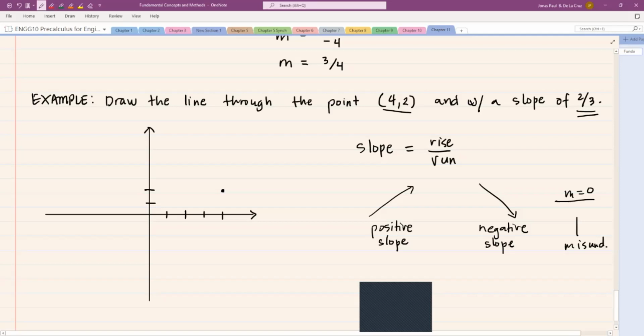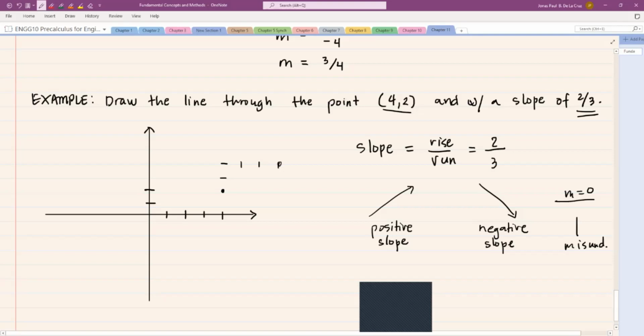Okay. So ngayon, di ba, rise over run yan, 2/3. So tataas tayo ng 2 and then we go horizontal by 3, 2/3. So mumato tayo to 2 points so that from the given point, we have 1, 2, and then 3 points to the right. 1, 2, 3.